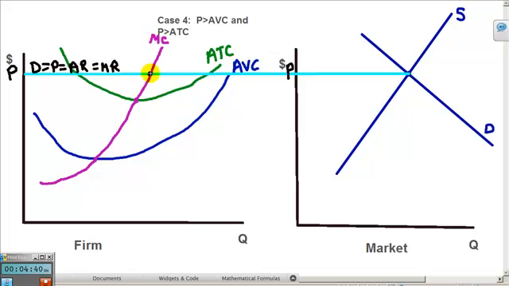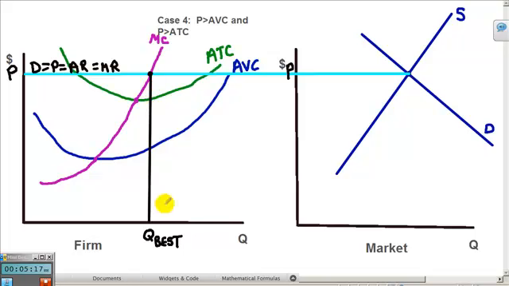So the firm will produce this quantity, which I'll call Q best. In class, I might call it Q pi, where pi stands for profit. So it's the best to make profit. But in any case, here we are.